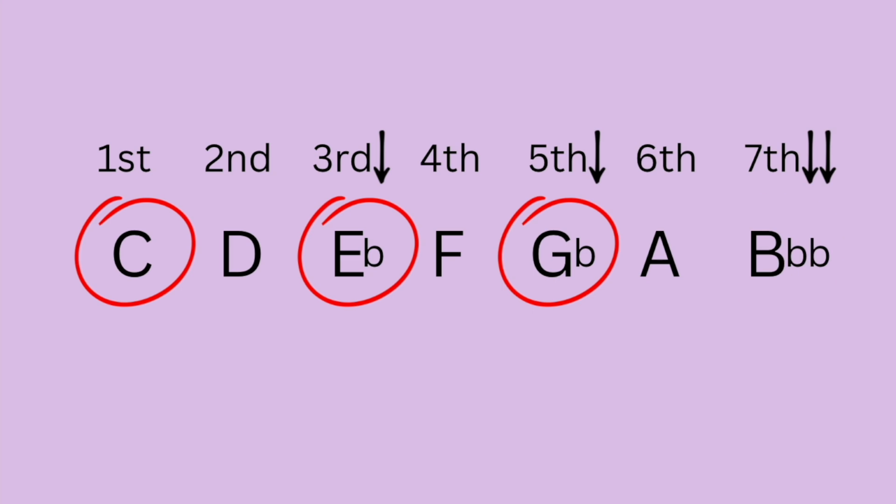Now you might be thinking, why are we not calling it an A? Because an A and a B double flat are enharmonic equivalents of each other, which means they are the same note sonically or the same note on a piano keyboard. Now we don't do that because when we are constructing chords and scales, we must abide first and foremost to the rules of the alphabet.